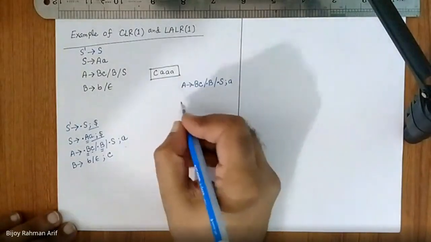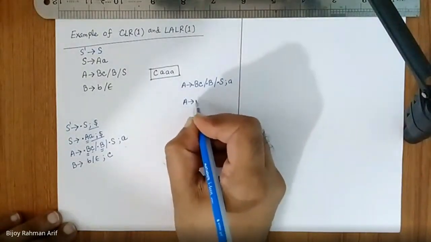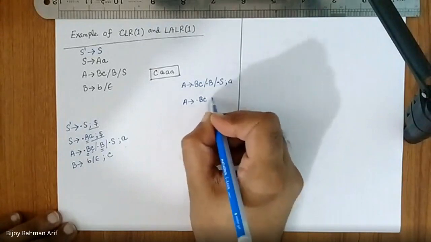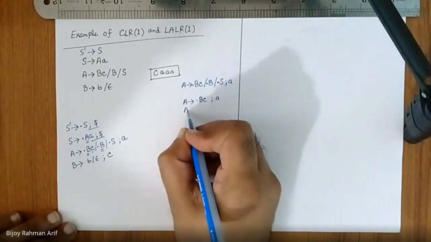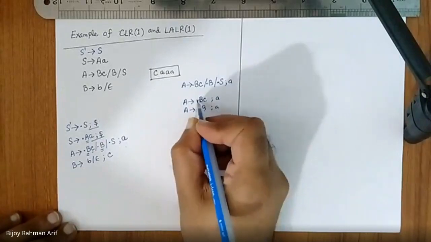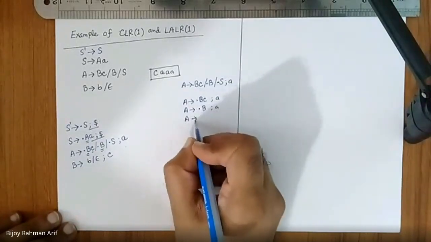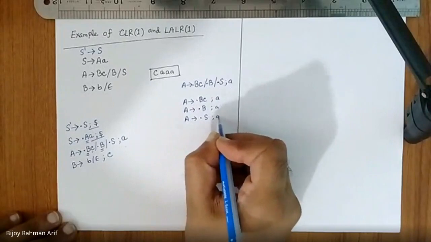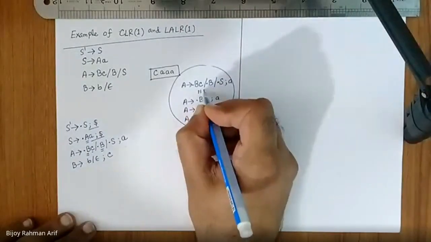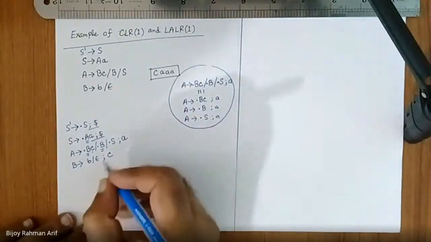It is nothing but three productions: A derives dot BC, A derives dot B, A derives dot S. Do you agree with me? Yes. So it is the same thing, so we write here c slash a. Then we're done.